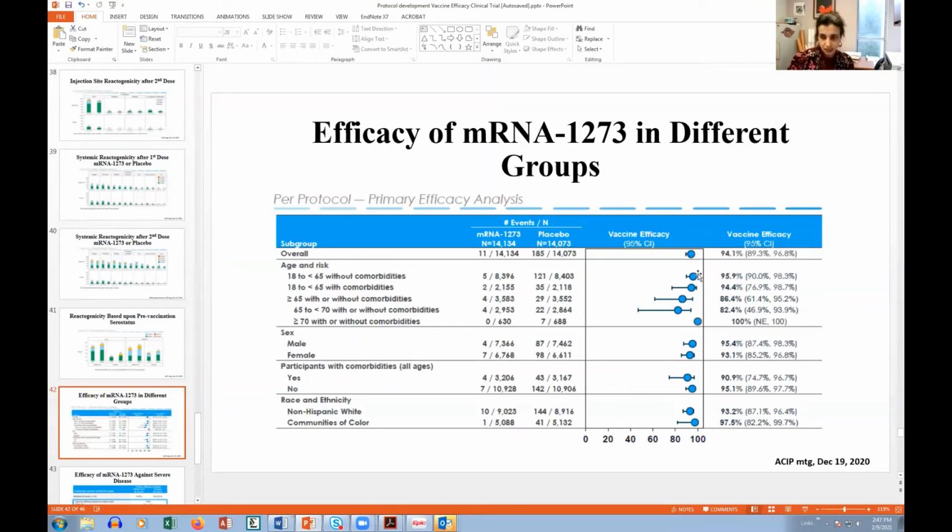You can see here that the vaccine efficacy was in the 80s and 90s in all subgroups, whether it's young or old, or real old, but here there were only 7 cases, men or women, those with comorbidities, and those who are communities of color or non-Hispanic whites.